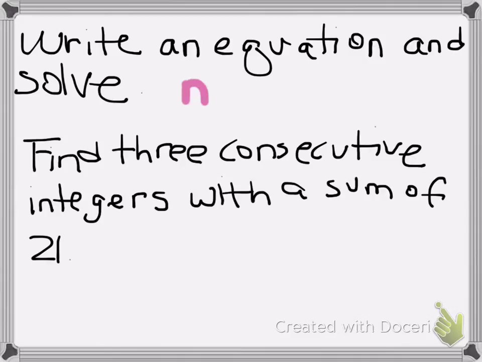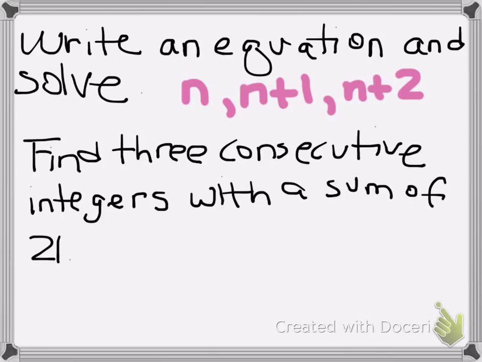So then if I thought of the number after that, it would have to be n plus 1. And then if I keep just thinking of the number in terms of n, the number after n plus 1 would have to be n plus 2, because it's 2 spots, and then it's so on. So that would be how you would create an equation to find consecutive integers.